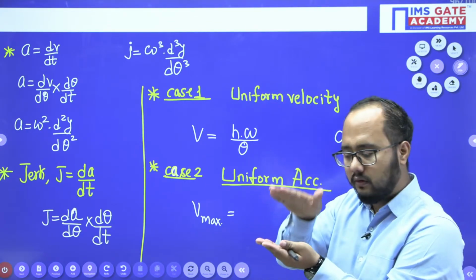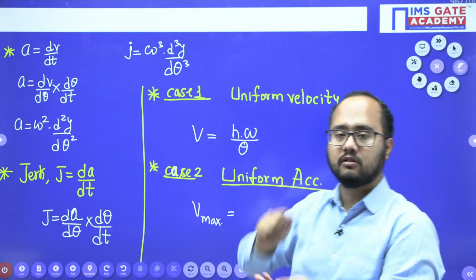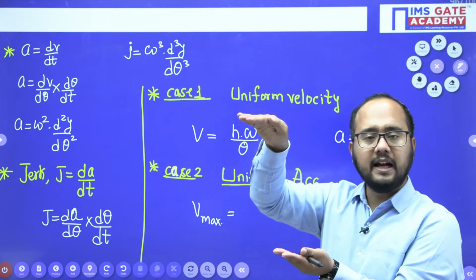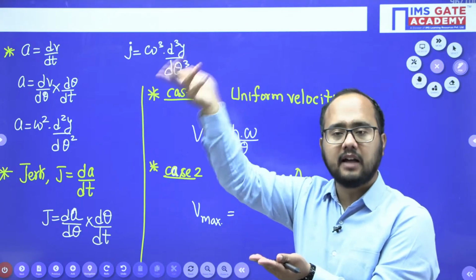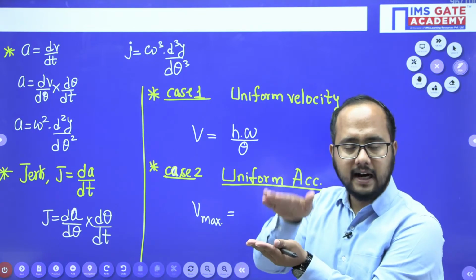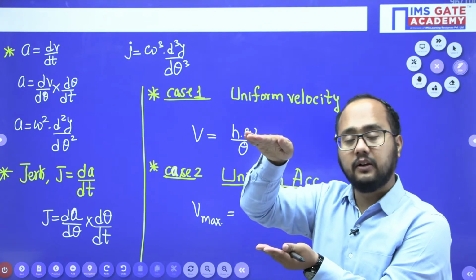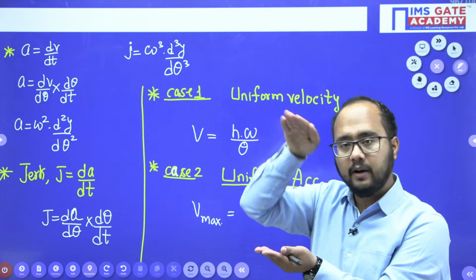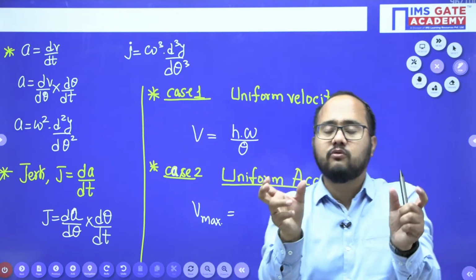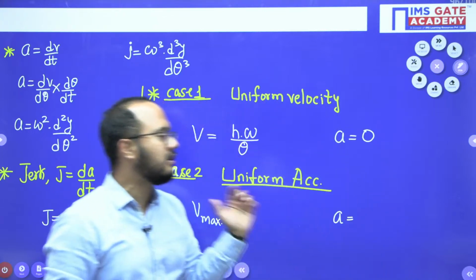But from starting to the end, acceleration is constant. How is it possible? From starting to mid, it will accelerate, but after that, it will retard, but with the same magnitude. From starting position to the mid position, positively accelerated. From mid to extreme position, negative acceleration. But the magnitude is constant. That's why we are saying uniform acceleration.